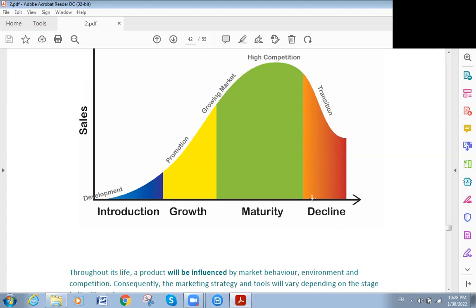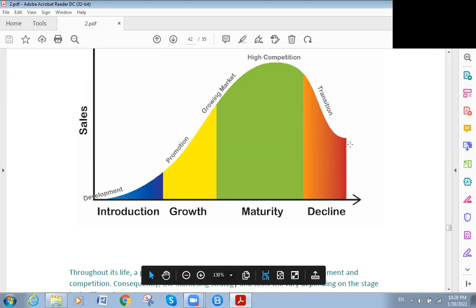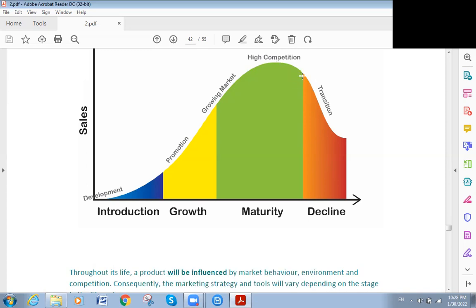And in this line, of course, there is a transition. The sales are going down, but however, you try not to make the declination so acute or so sharp. You try to make it gradual as much as you can, and you struggle for life.